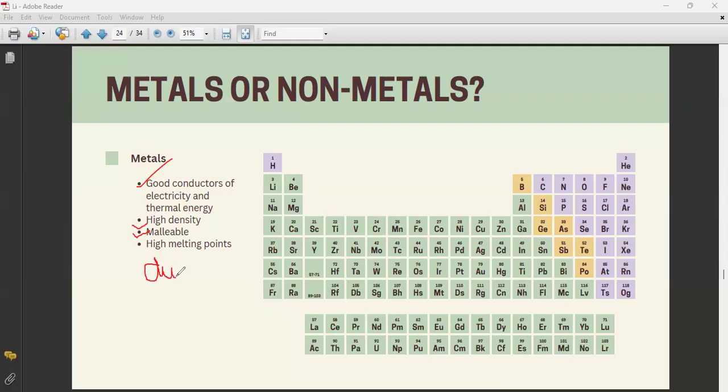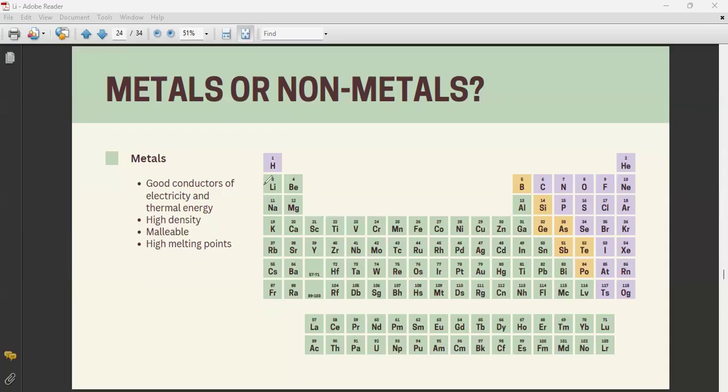They are sonorous, they are ductile, and they have malleability. The word ductile means they can be drawn into wires as well. And they have a high melting point. They are sonorous and lustrous. How are they placed in the modern periodic table?